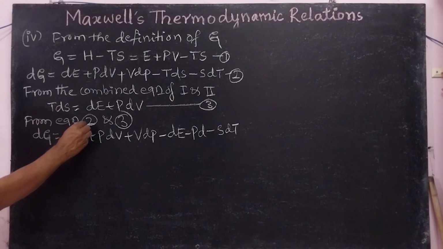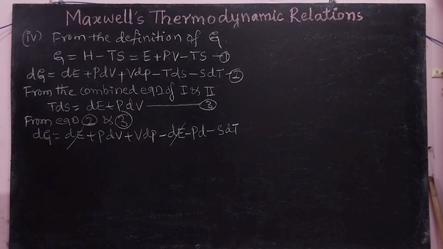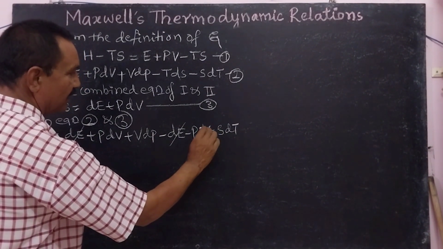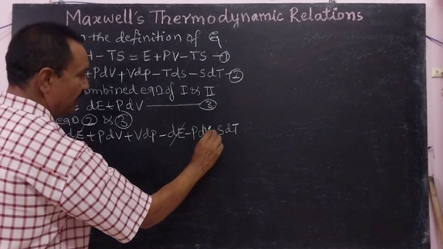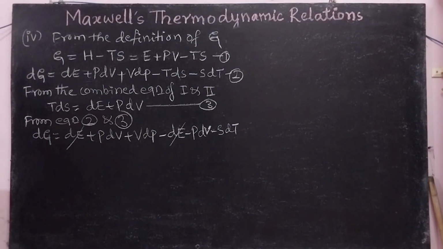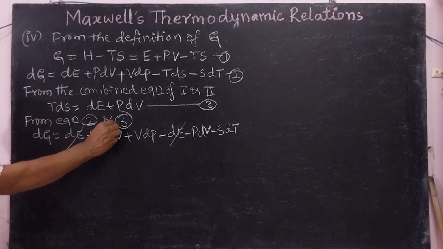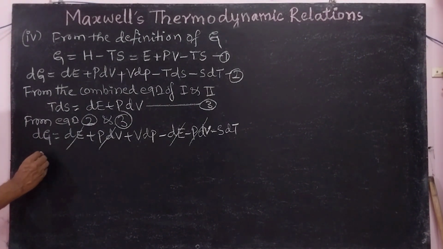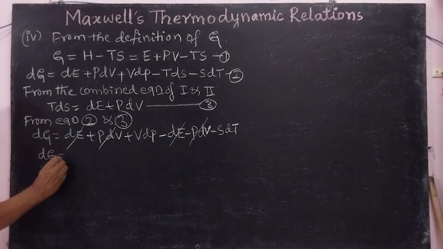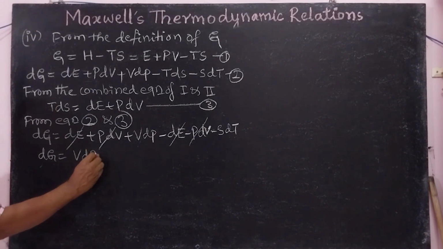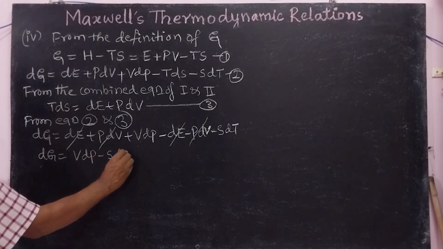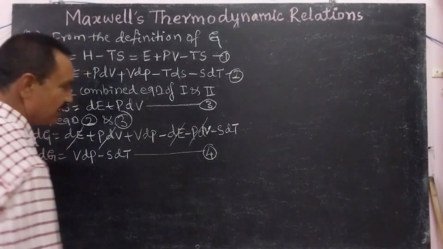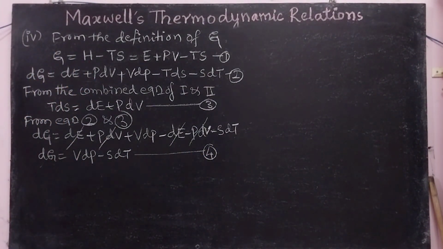Now dE gets cancelled, and PdV gets cancelled. Thus we get dG equal to VdP minus SdT. Suppose this is an important equation, equation number 4.